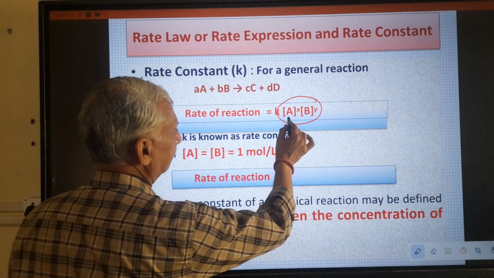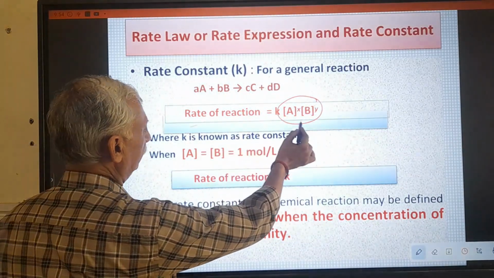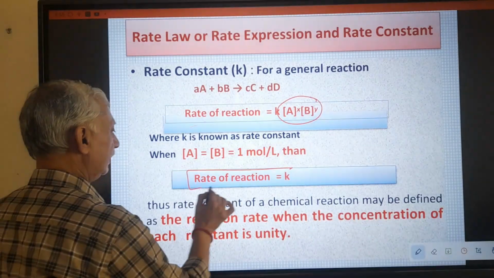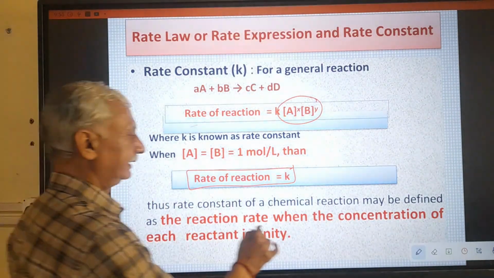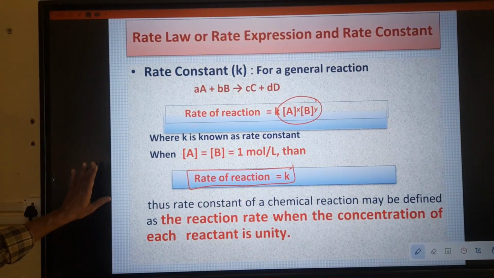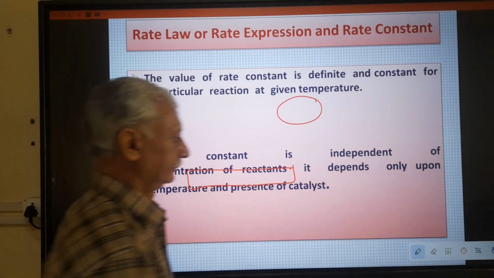When their molar concentration is taken as 1, then the rate of the reaction becomes equal to k, the rate constant. So we can define the rate constant as the reaction rate when the concentration of each reactant is taken as unity.